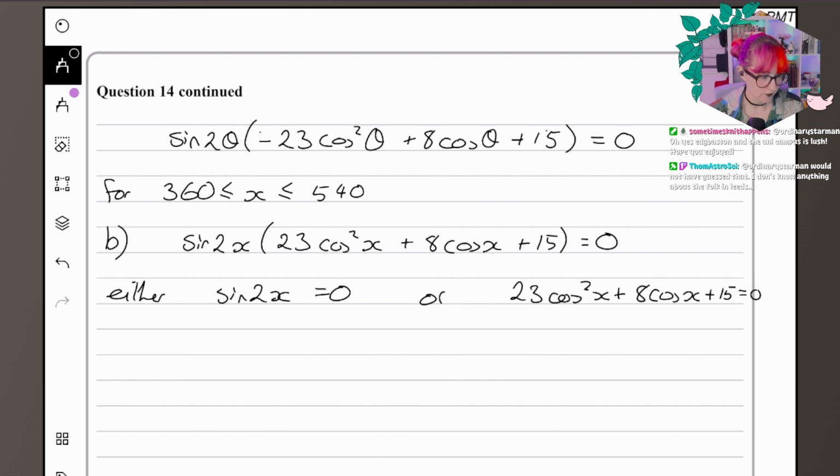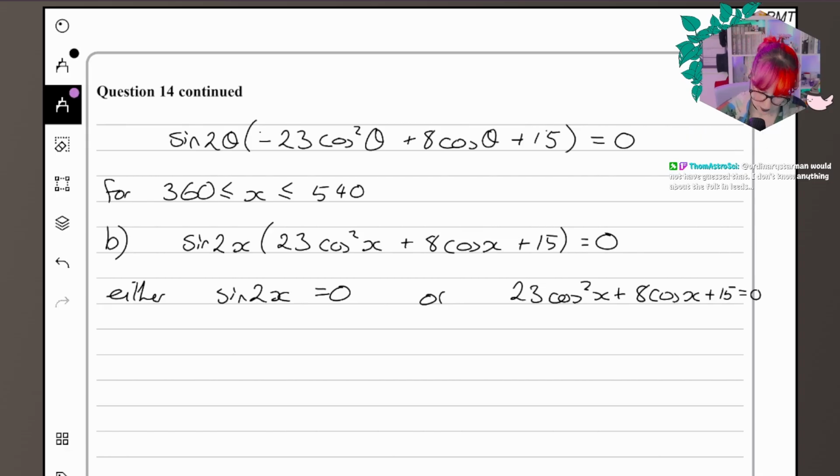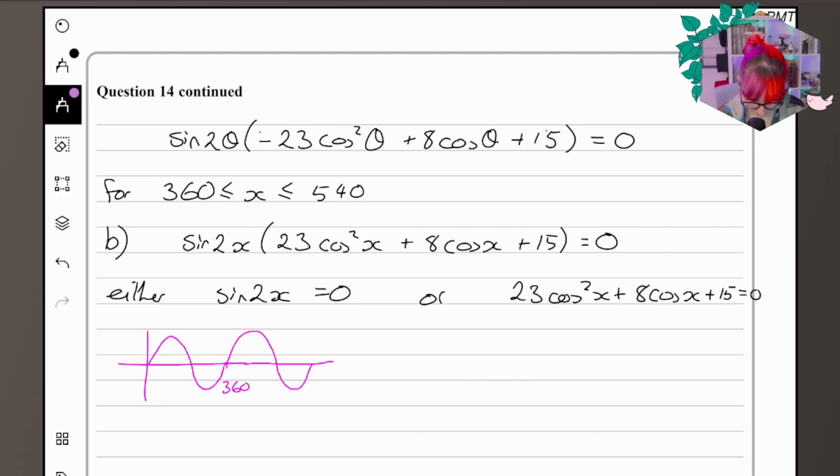Okay, so if sine of 2x is equal to 0, then remember, sine looks like this, and it sort of keeps going. So that's 360. That's 540. We're only looking between these two regions here.